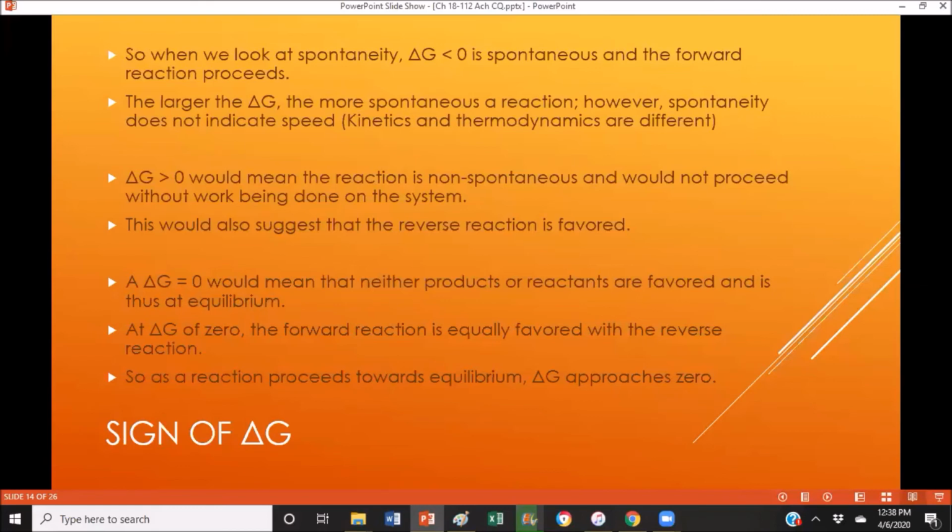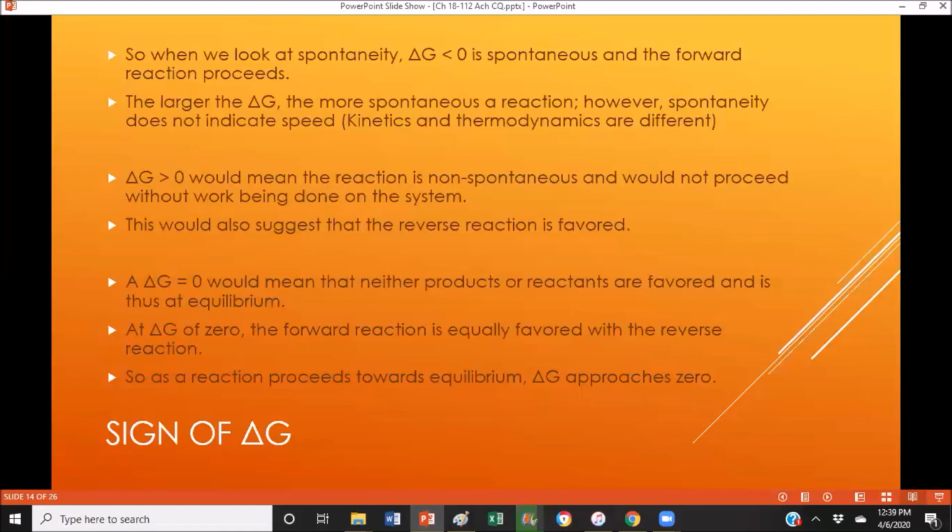You need to put that energy in, but once it produces the energy, it will keep reacting so long as there's reactants to react. So when delta G is negative, it proceeds forward. A large negative delta G means it's way more spontaneous. A small delta G means a lot less spontaneous. But however, delta G does not mean speed.